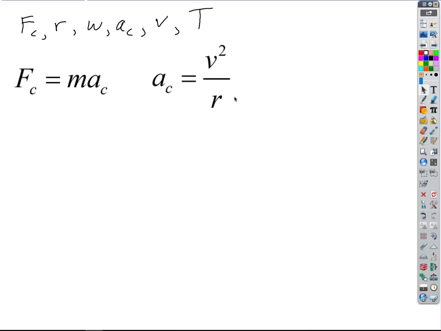What's the relationship between tangential velocity and angular velocity? Remember, what do we say about that? How is V related to omega? Isn't it just equal? No. V equals R omega. There you go.